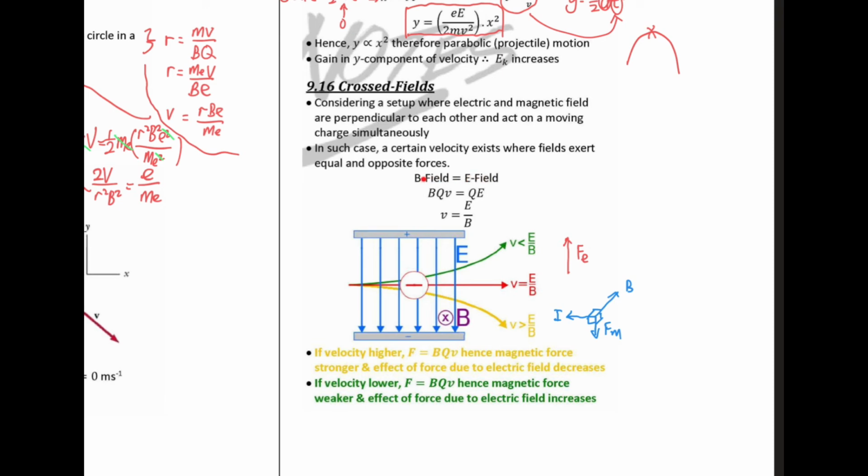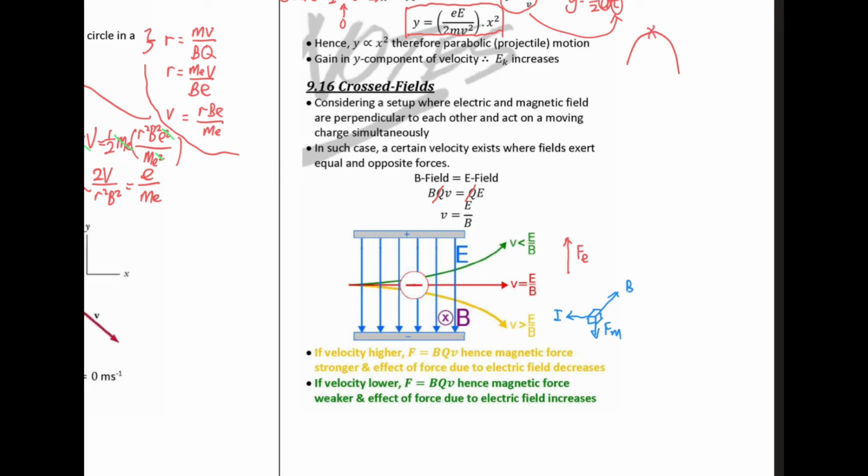The magnetic force formula is BQV. This is the formula for the magnetic force on a moving charge. The electric force formula is QE. You must memorize that. Then we cancel the Q on both sides.